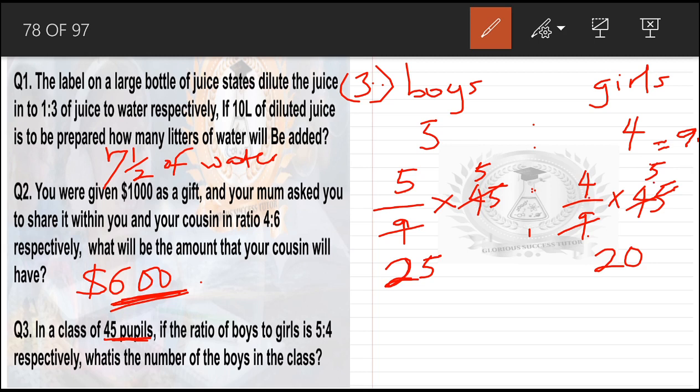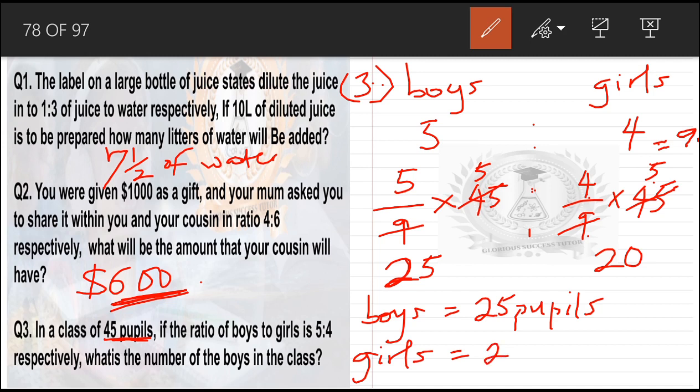So you come up and say boys equals 25 pupils, while the girls equals 20 pupils. You know, pupils are like students, young students.